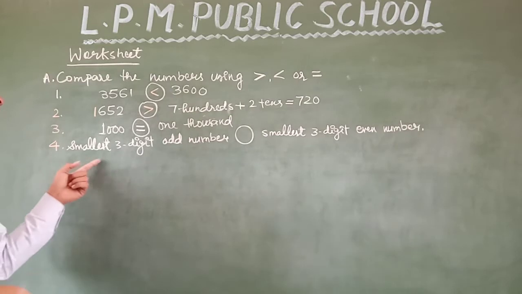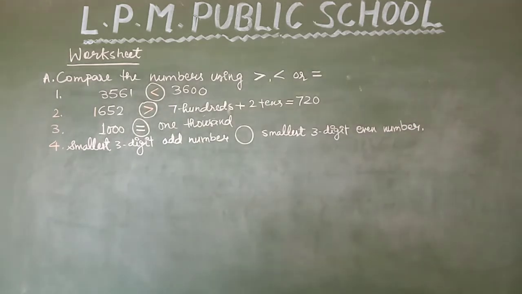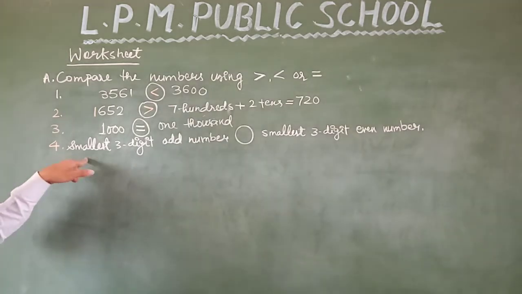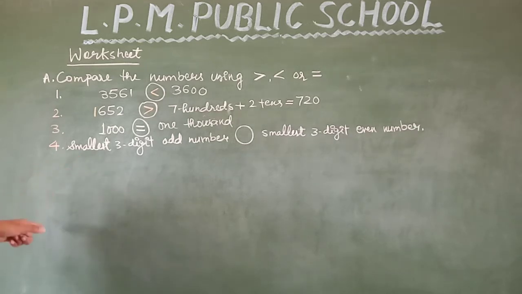You know that the smallest 3-digit odd number is 101 and the smallest 3-digit even number is 100.